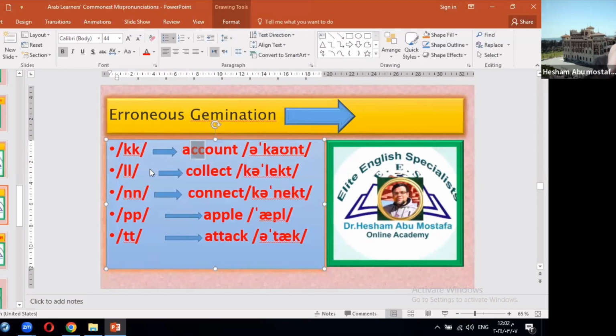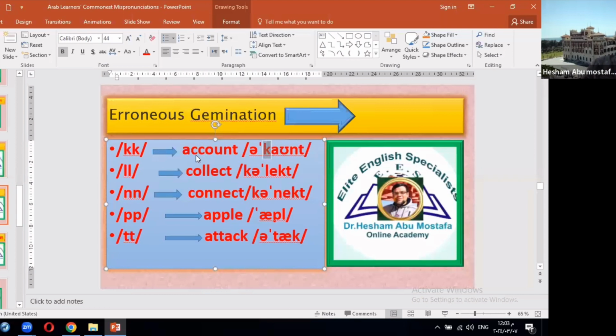Many students think that as it's written as double c, it's going to be pronounced twice. So they say "ac-count", and they say this is the first syllable, and this is the second syllable, okay? No, the counting of syllables depends on the sounds, not the letters.